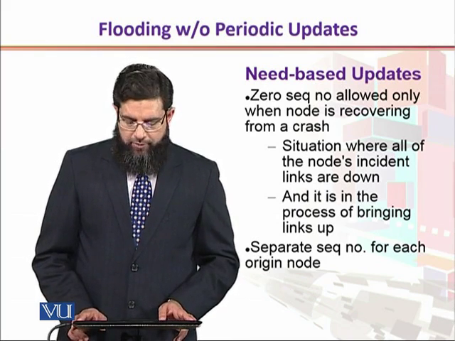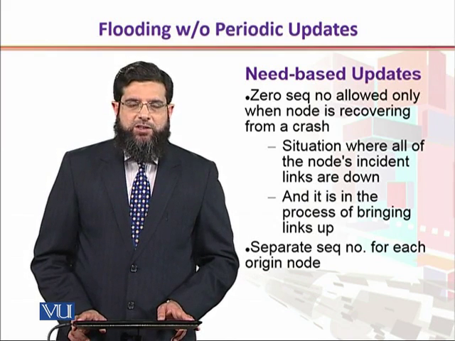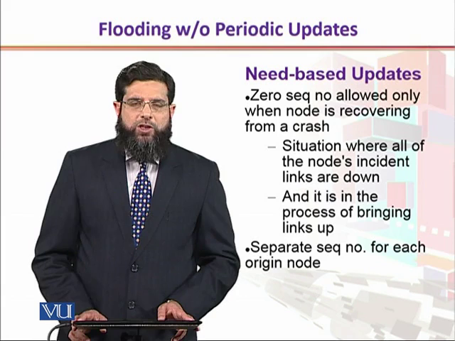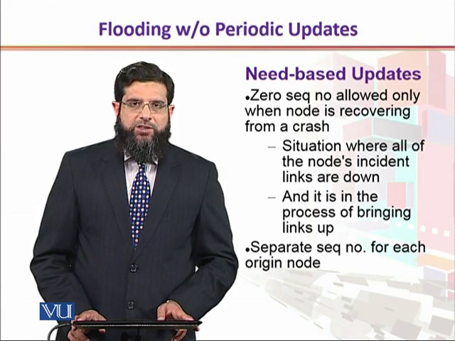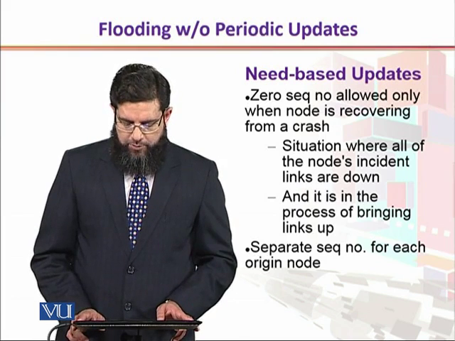When a node is recovering from the crash, it brings up all its links. So say a router or a node is connected to 4 different networks, so it has 4 individual links. When it was not on the network, 4 parts of the network considered it to be down. When it is back, it has to update the information and share the status with different parts of the network.